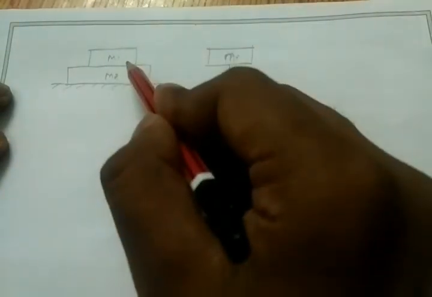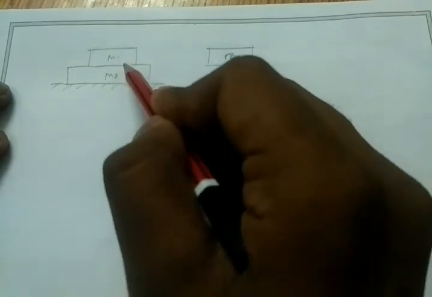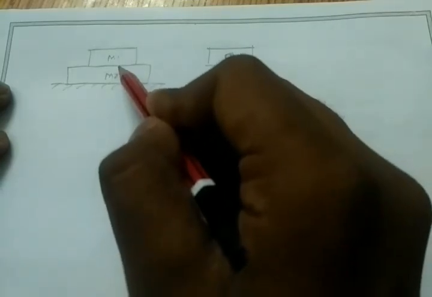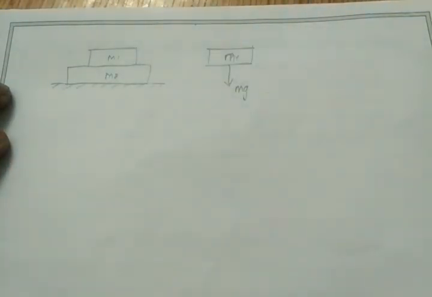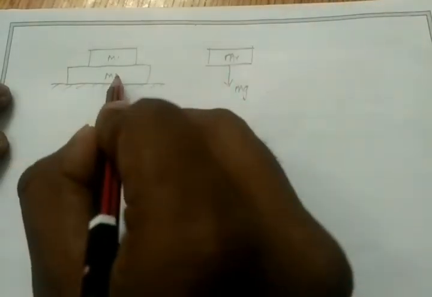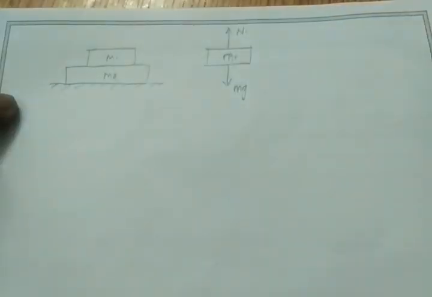So this m1 is pressed against m2, in contact with m2. So this m2 must provide a normal force which compresses the m1, which always acts towards the m1. So this m2 provides a normal force like this. We take it as n1. So these two forces act on object m1.